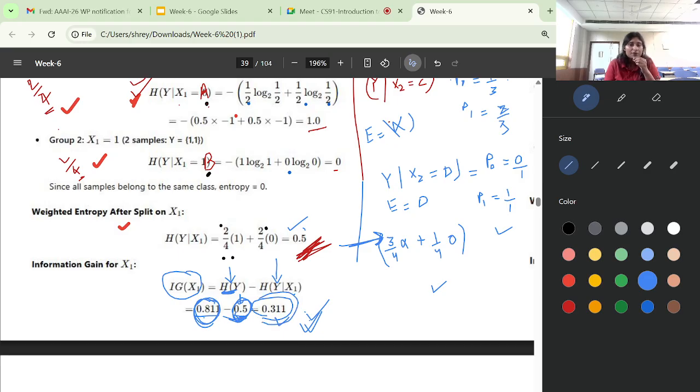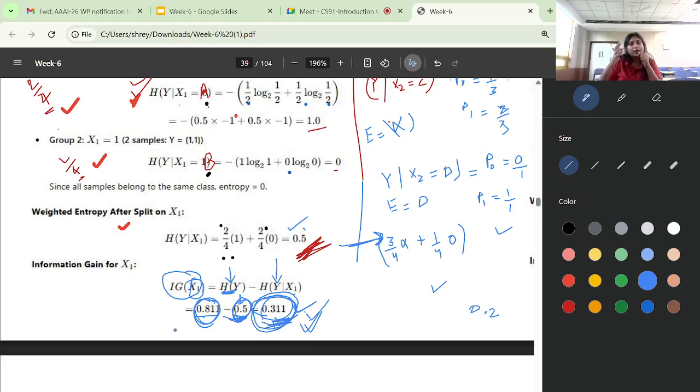So this is the gain of information. The more the gain is, the more suitable that attribute is for you. Let's say this attribute gives you 0.3, here it is giving you 0.2. 0.3 is more than 0.2, that's why you have chosen x1, not x2. This is how we choose the attribute to split first, because there are two choices for you, x1 and x2. Which attribute will you put on the root?